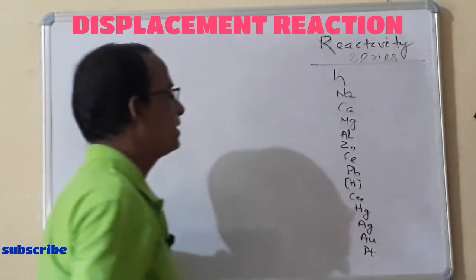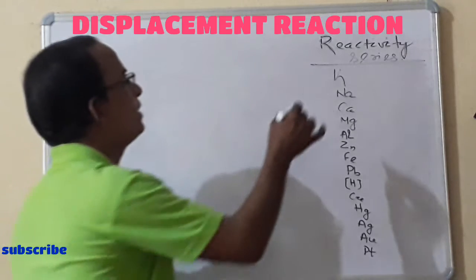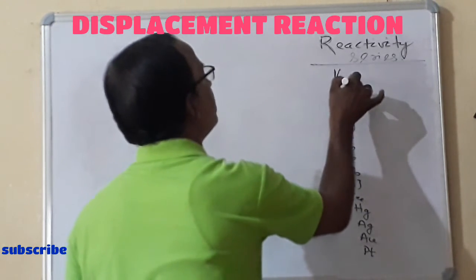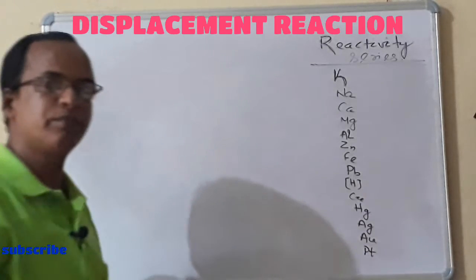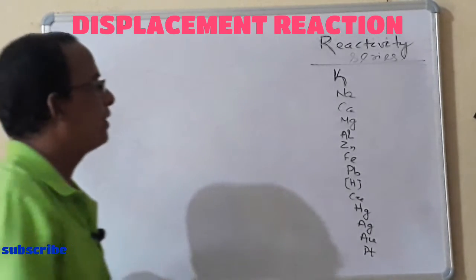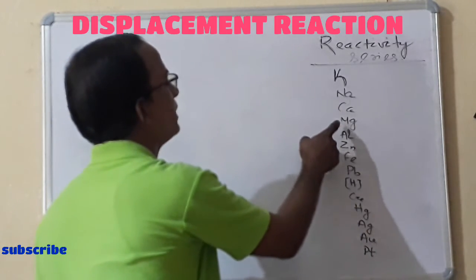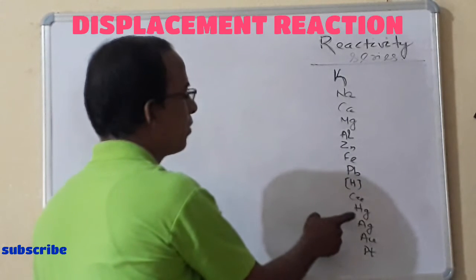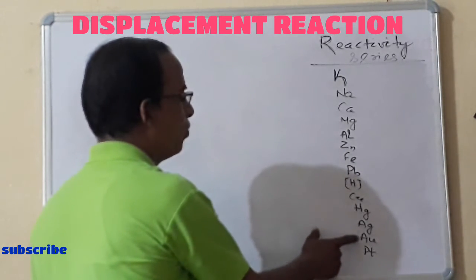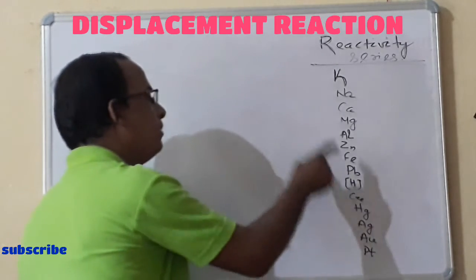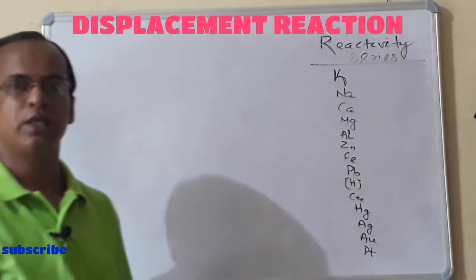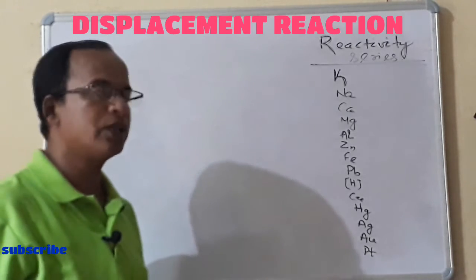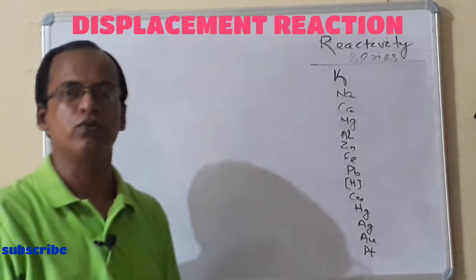This is the reactivity series. The first element is potassium, which is the most reactive element, so it is placed at the top, and then sodium, calcium, magnesium, aluminum, zinc, iron, lead, hydrogen, copper, mercury, silver, gold and platinum. The elements placed above hydrogen are more reactive, and those placed below hydrogen are less reactive than hydrogen.